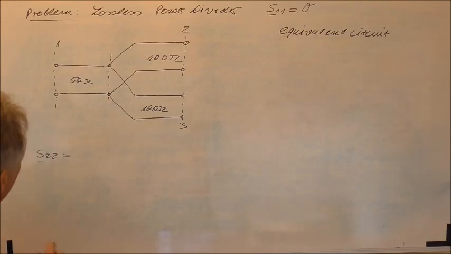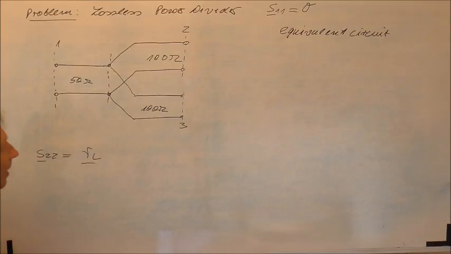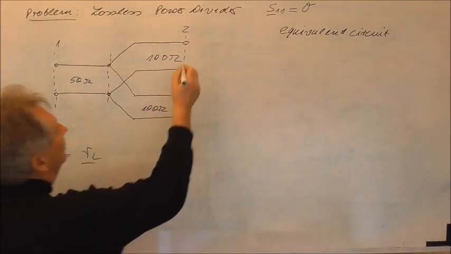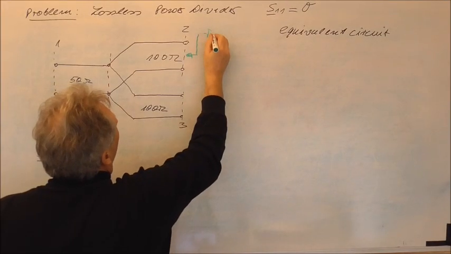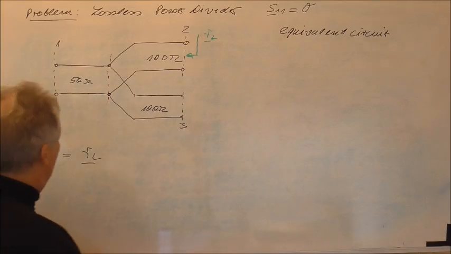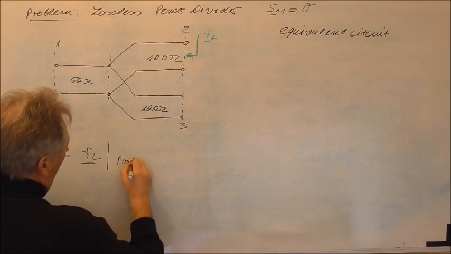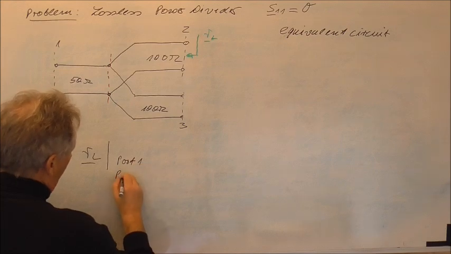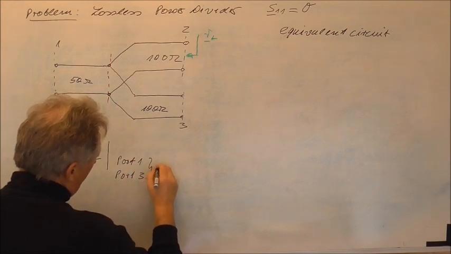S22, again, we can say this is equal to the load reflection I see into port 2 here, and the condition is now that port 1 and port 3 must be matched.